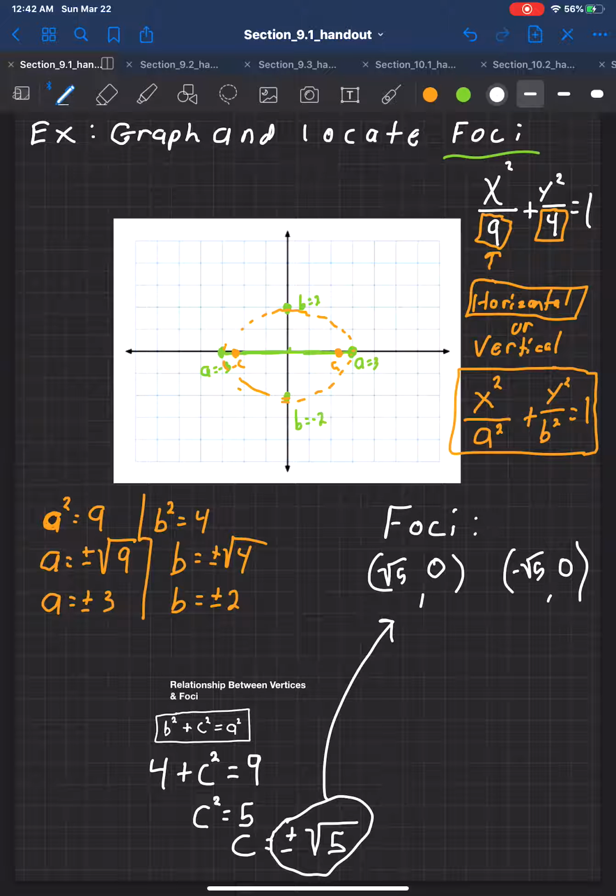Right, so okay, not bad. So square root of 5 and negative square root of 5, you have answered the question. You have given me the graph as well as the location of the focal points. So let me see if I can anticipate your question. I would be thinking, hey, it's not that bad. How does it get harder?